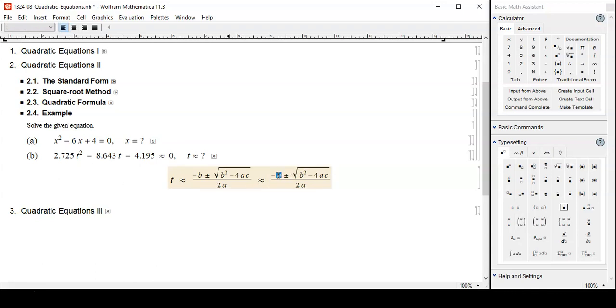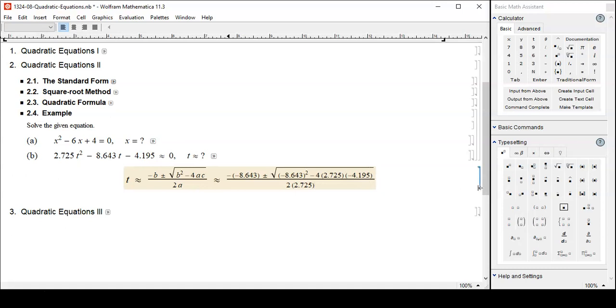So in place of b, you have to put negative 8.643, and over there as well, negative 8.643, square that thing. And then in place of a, I have to put in 2.725, here as well, 2.725, and then in place of c, negative 4.195.